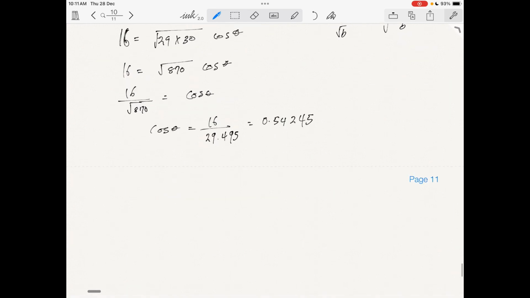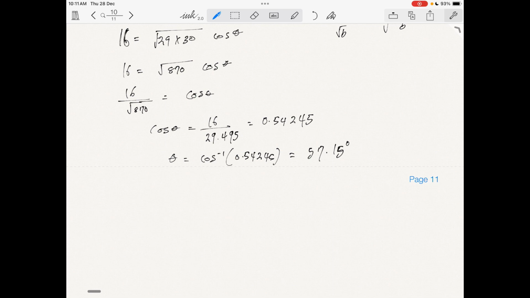Now to evaluate theta from the cos, we take the inverse cosine, or the arc cosine, of 0.54245, and our answer in degrees will be 57.15 degrees.